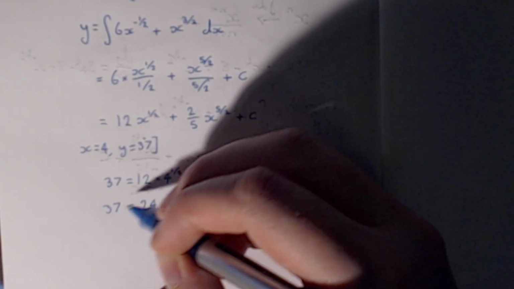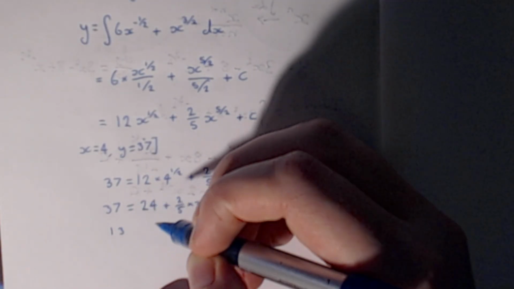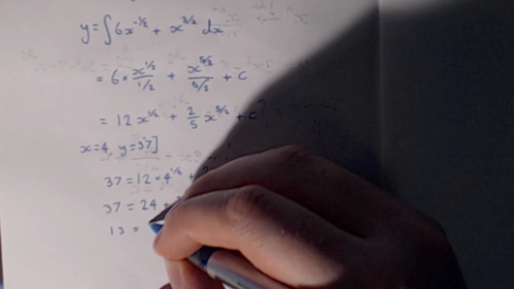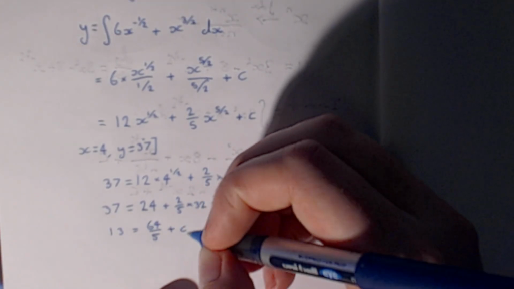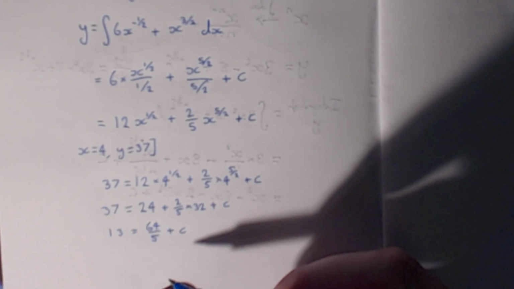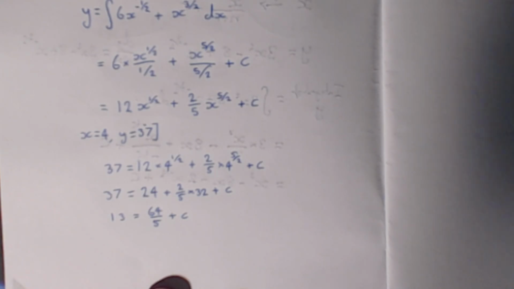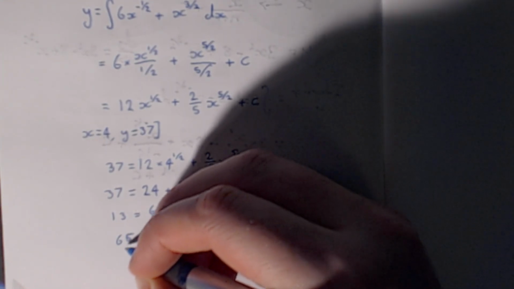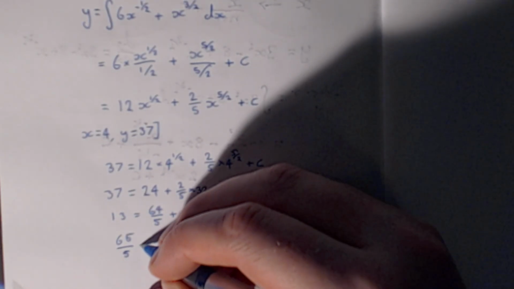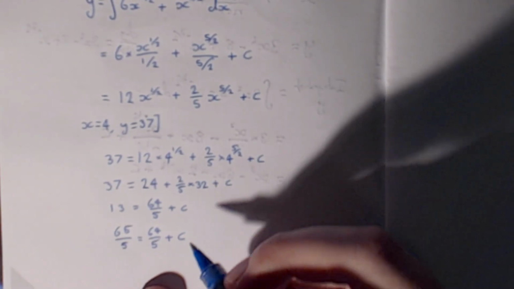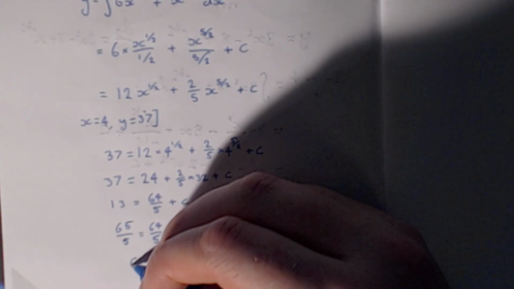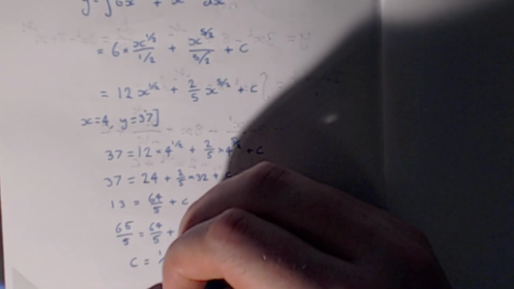So we subtract 24, we get 13 is equal to, well, this is 64 over 5 plus c, and again we can sneakily work this out. 13 times 5, I believe that is 65 divided by 5 is equal to 64 over 5. Oh, well, that's quite nice. So through rearranging this, we should get that c is equal to 1 divided by 5.